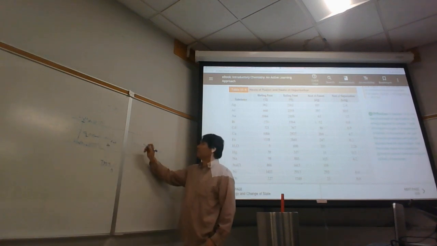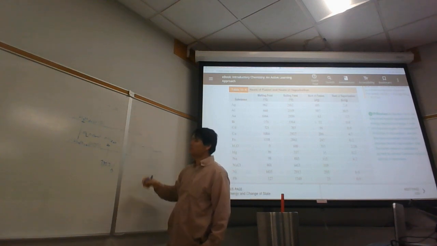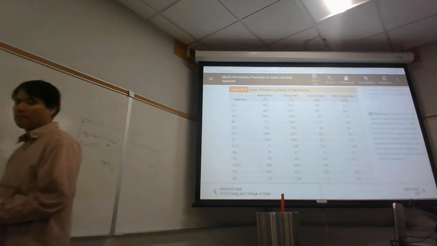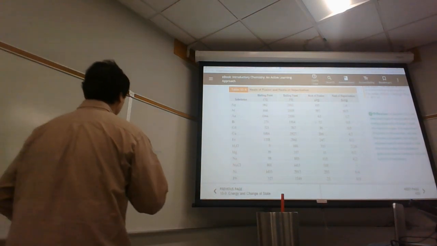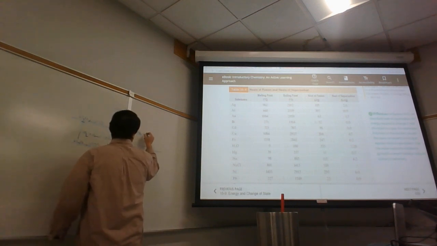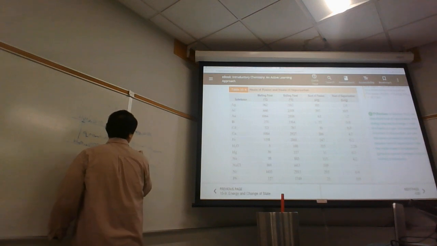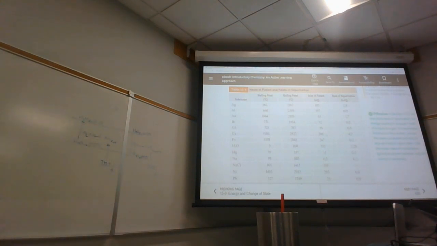The same thing, if I freeze it, I have to get the water at 0 degrees C. So this is going to be H2O liquid at 0 degrees C. And then I'm going to freeze that into ice, H2O solid at 0 degrees C. And so when we do a phase change, there's no change in temperature.